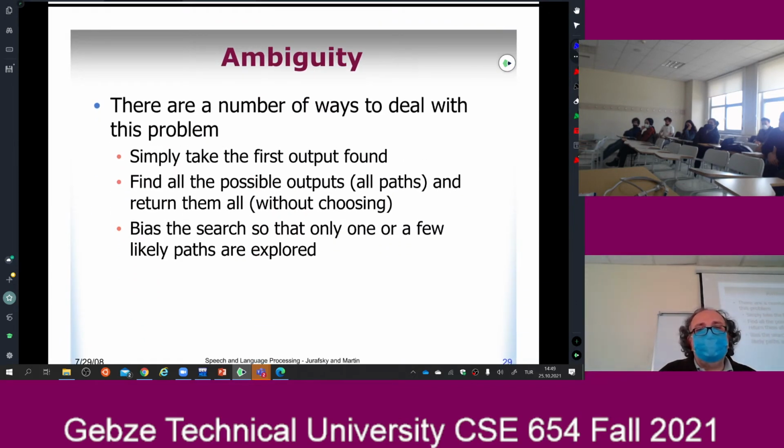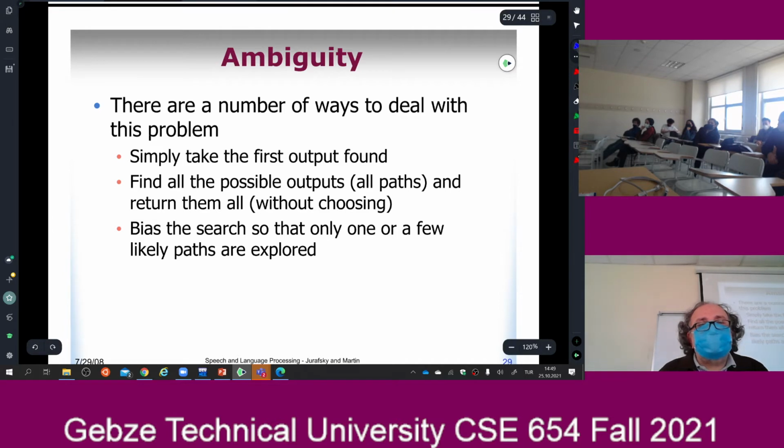Okay, so what do we do in case of ambiguity? There are 4 different morphological ways of parsing çocukları. Simply take the first output found. The first one, you can use it. That's good enough for a spelling application. Or find all possible outputs and return them all.